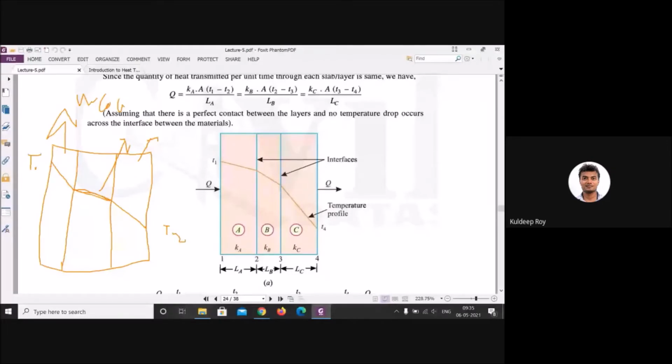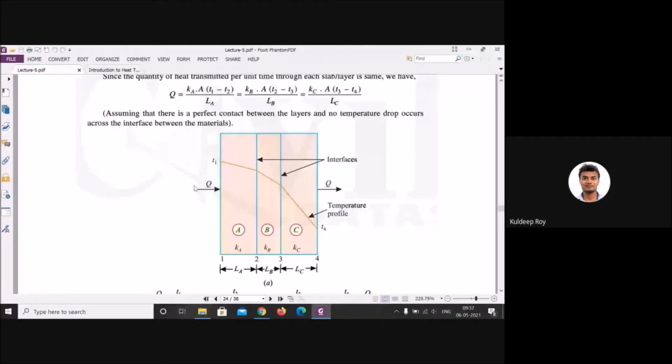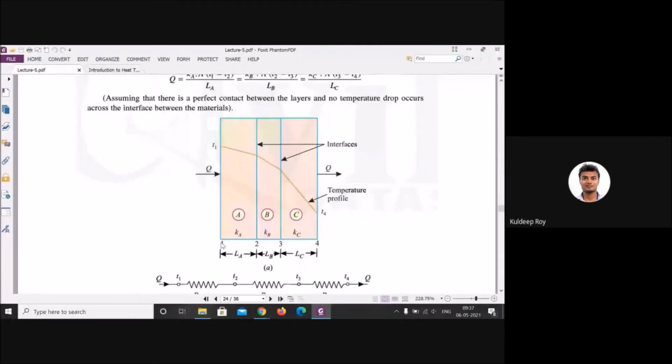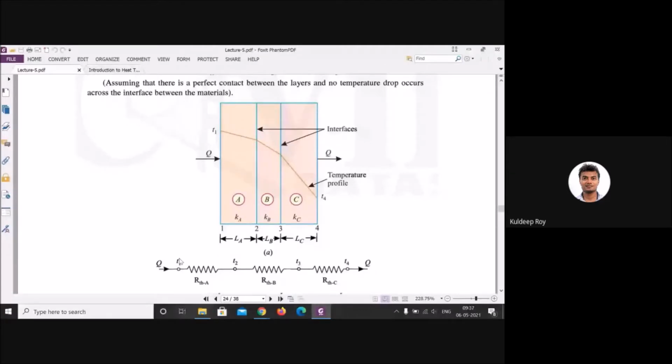Now, what you have to do is determine how the transfer will take place. Have a look. You have to design it in a resistive manner: first the resistance because of slab A, then slab B, and then slab C. All three will exert some kind of resistive force to transfer heat from this direction to this direction.